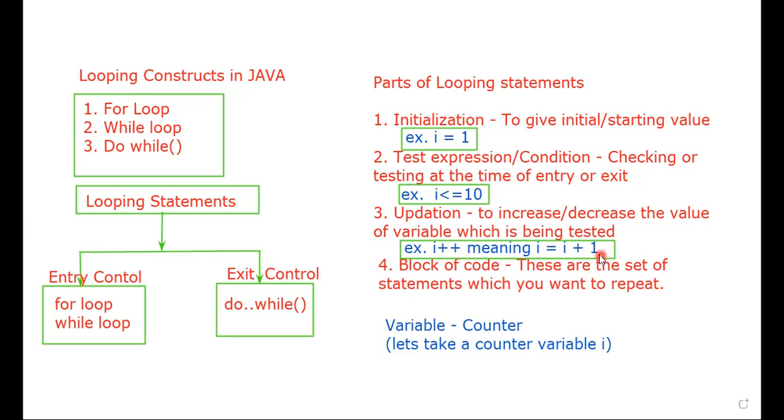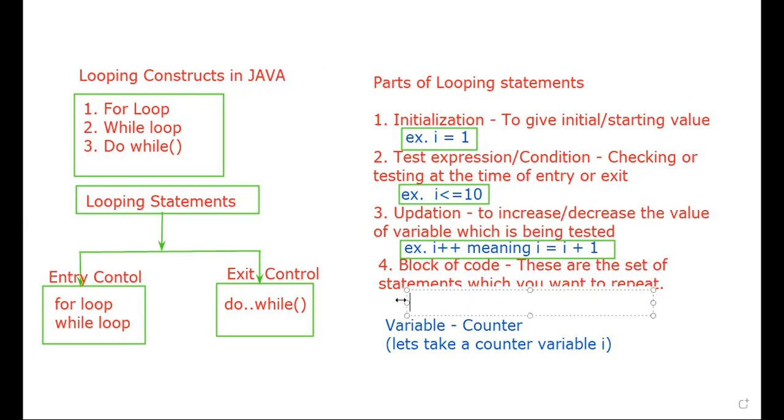Now, it is not necessary that you should always increase I by 1. You can increase by 2, you can increase by 5, you can increase by 10 also. So here the initial value is 1, checking against less than equal to 10 and being increased by 1. So it means I will be going for 10 times. And then block of code means what all statements you want to execute a number of times.